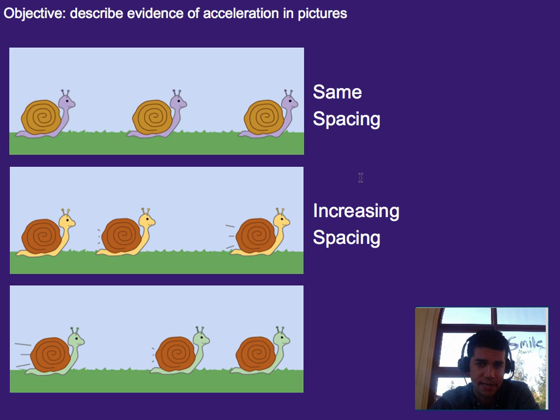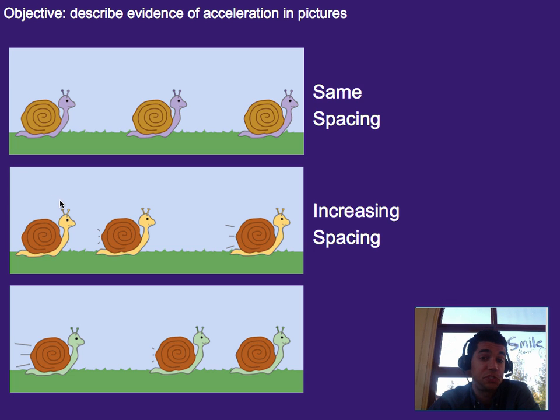If instead we look at, let's say, increasing spacing, so this snail is increasing the spacing between each snapshot, what we know is he's moving faster in this section than he is in this section right here. And the reason we know that is because literally he's gone further by the time the next photo is taken. So what that means is we've got an acceleration happening.